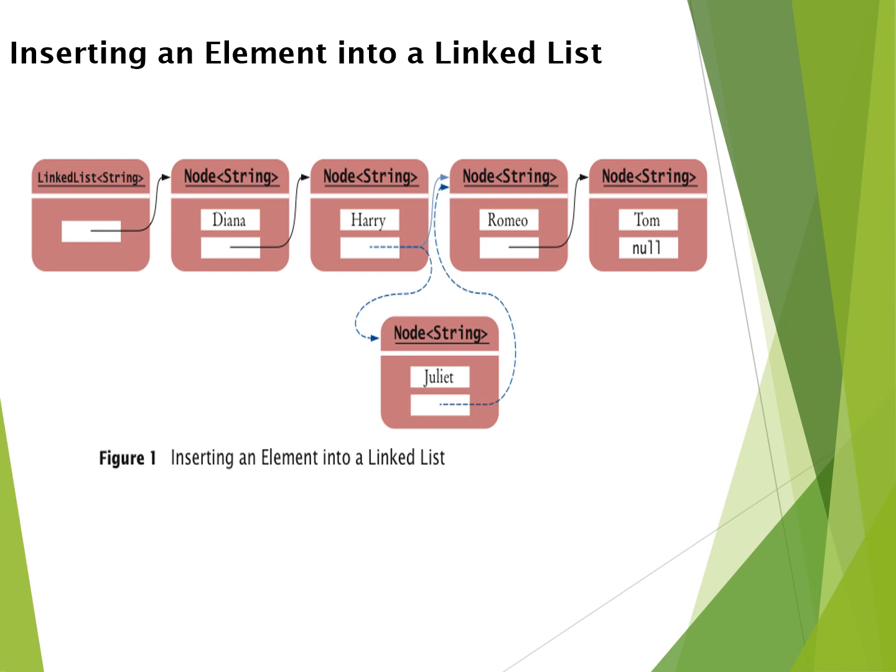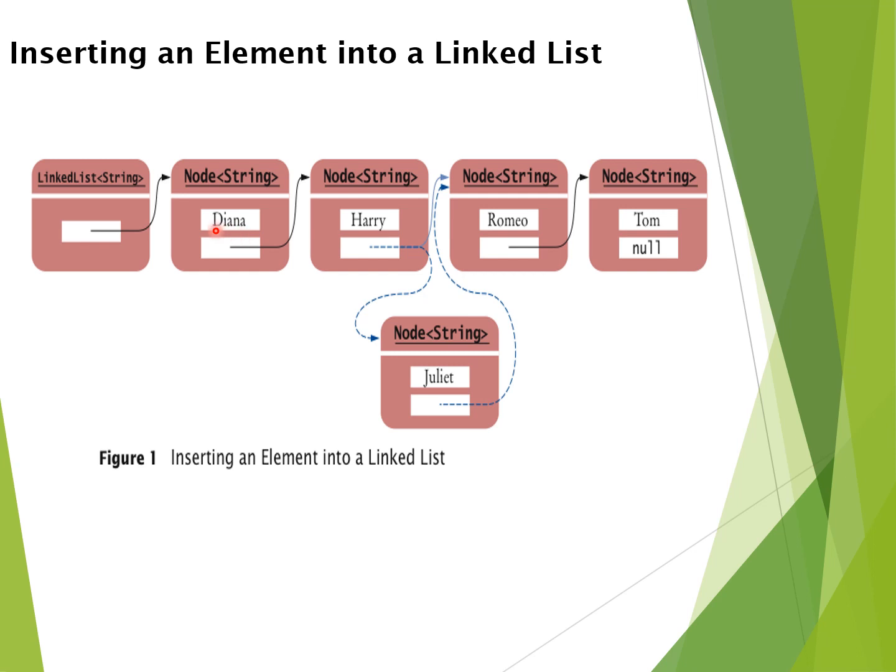So let's look at a figure that schematically shows how to insert an element into a linked list. Let's assume that you have a linked list of strings containing four strings: Diana, Harry, Romeo, and Tom. As you see, every node in the linked list has two different features.